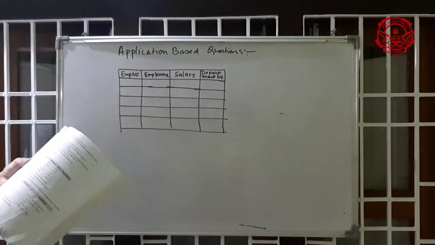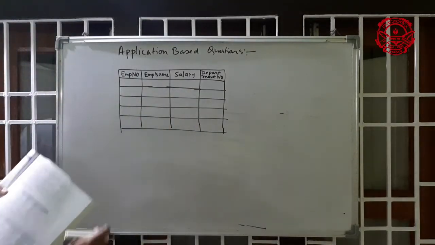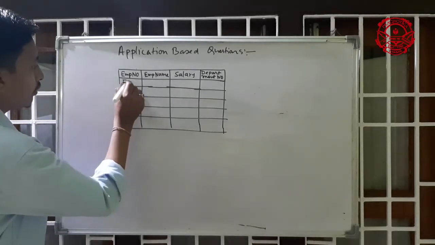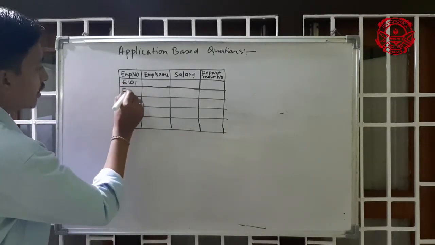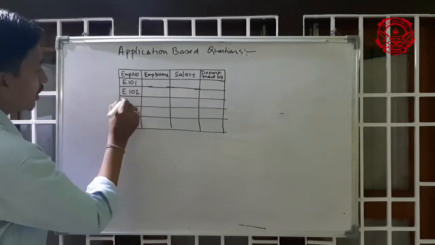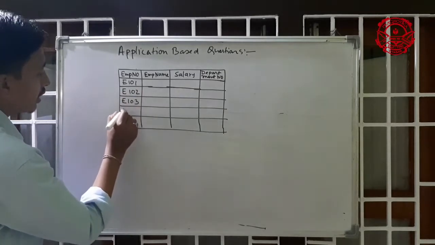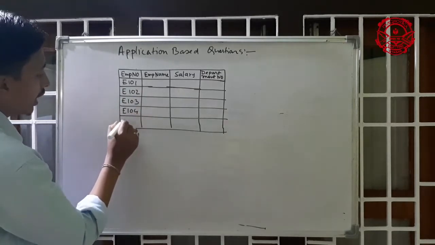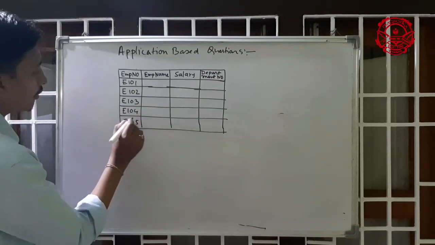Okay. Now in the employee ID, first one is E101, E102, E103, E104, and the last one is E105.